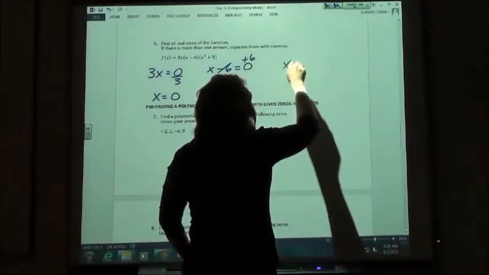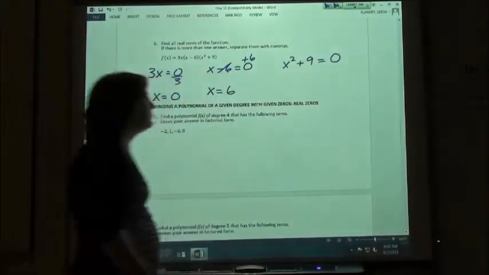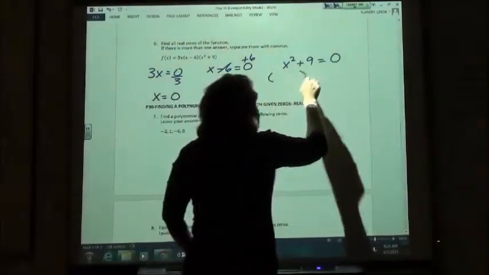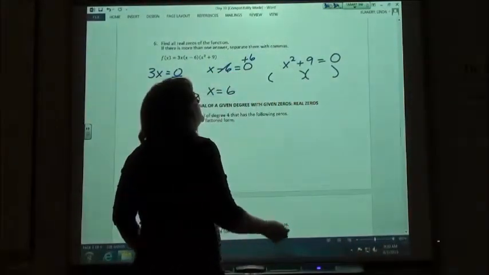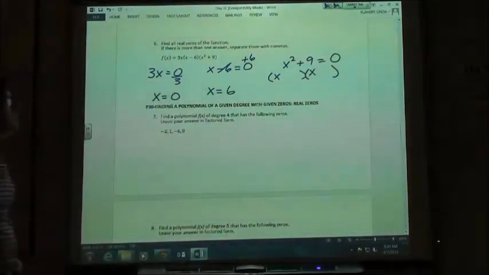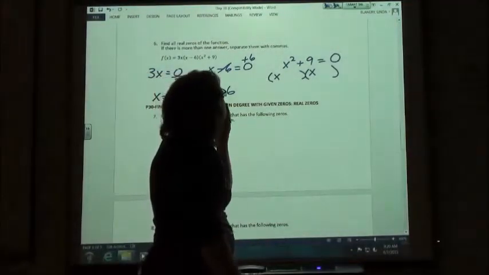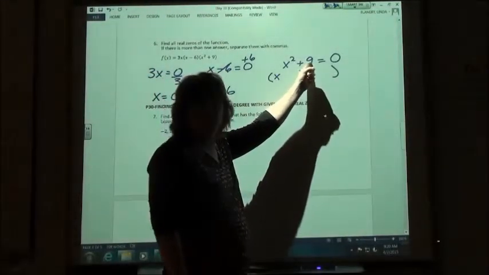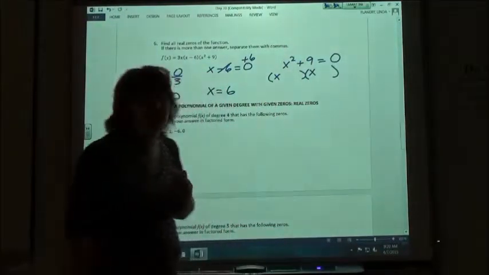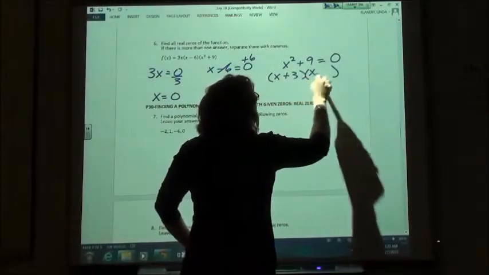And then this one, x squared plus 9 equals 0. And you have to factor that, right? x and x. Now remember, you have to do the factors of this number. What times what is 9? 3. So, plus 3 and plus 3.